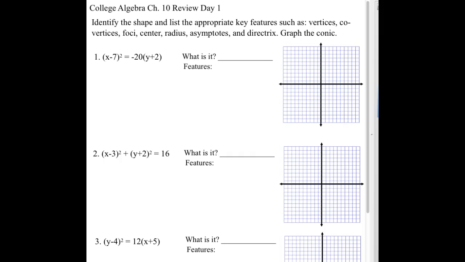All right, for the first one, we have (x minus 7) squared equals negative 20 times (y plus 2). One of the clues that this is a parabola is that it has one squared term, but the other term is not squared. We have a square here, but not here. So it is a parabola.